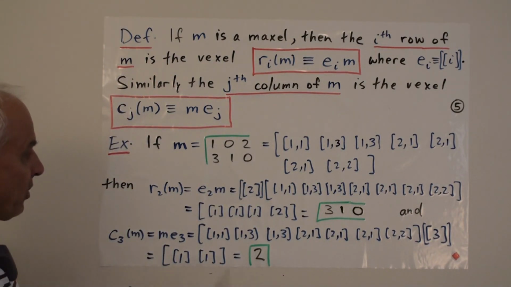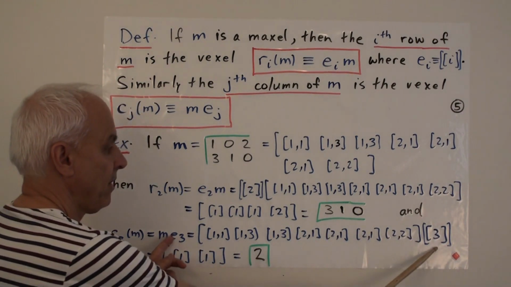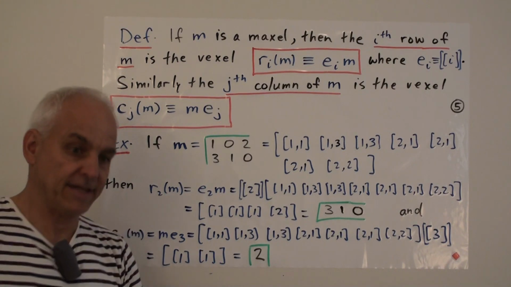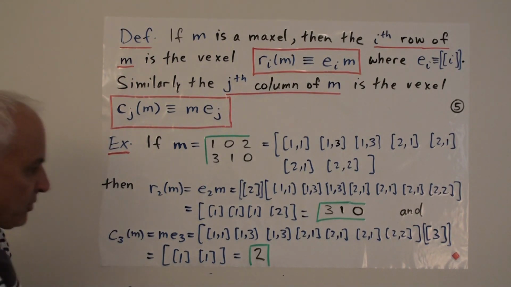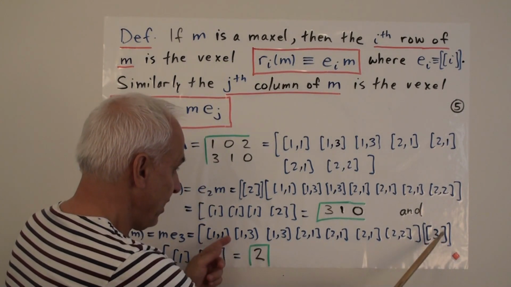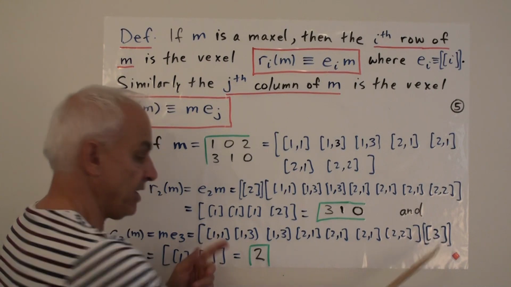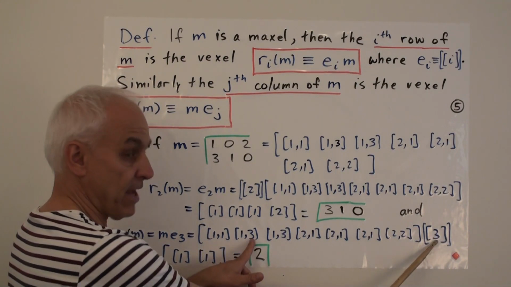Okay, what about, say, the third column of this thing? To get that, we multiply the maxel M with the vexel consisting of the singleton 3, E sub 3. So here we have to do all possible products between this singleton and these various pixels. But this one times this one is empty. This one times this one, we get something because this second 3 agrees with that 3.